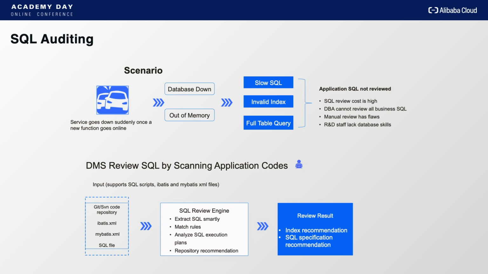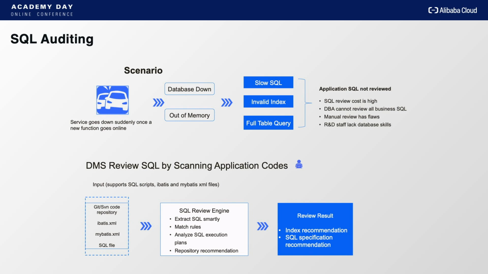So what DMS offers over here is called a SQL auditing functionality. So instead of running the SQLs directly and send SQLs directly to your database, you can send your SQL to the SQL execution module within DMS. So before the SQL queries are executed, DMS is responsible for scanning the SQL. Not only the SQL that you send manually, but also the SQL in your code, right? Your application code.